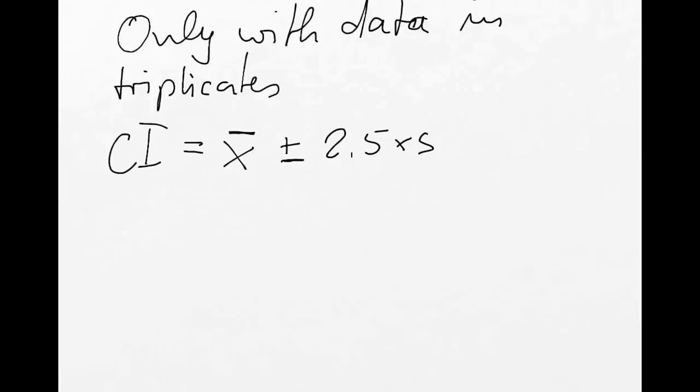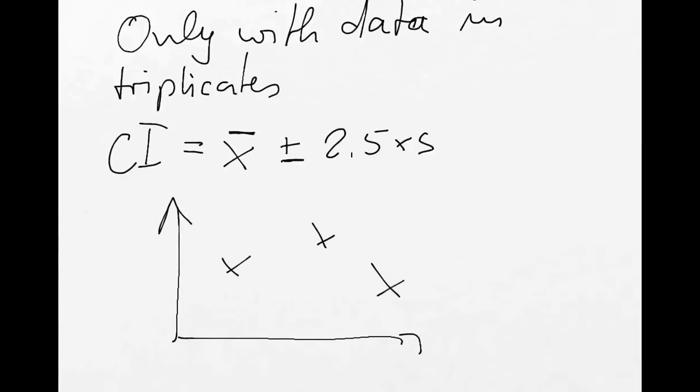And these confidence intervals can be quite handy if we want to represent data, because what we very often want to do is compare data. So what we usually do is we have our data set, something like that, with drug, without drug, with more drug.